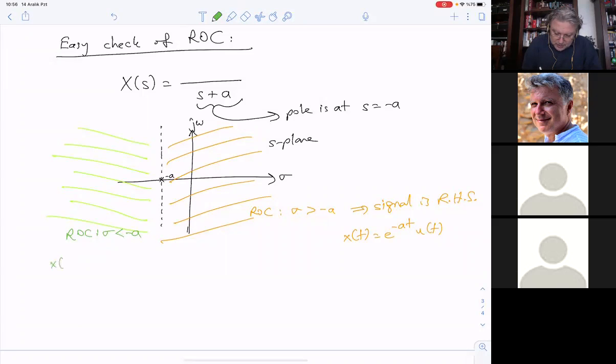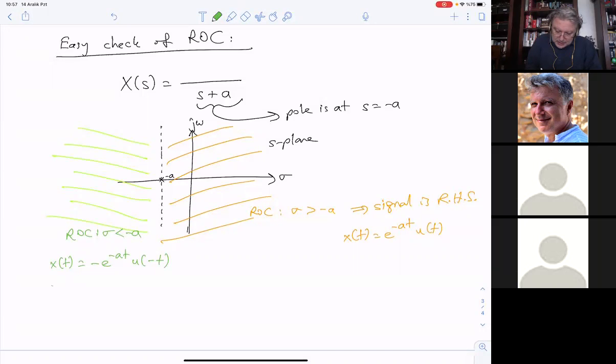So correspondingly, if x of s is 1 over s plus a, so maybe I should write it that way, then x of t is minus e to the minus at u of minus t. So we decide on the region of convergence according to the right-hand sidedness or left-hand sidedness of the signal.